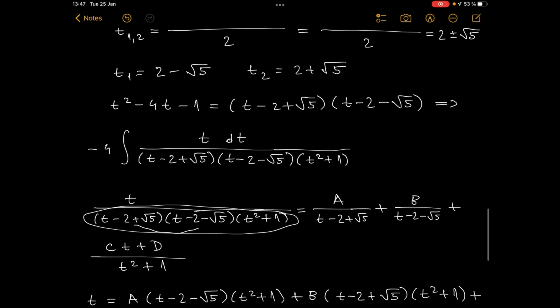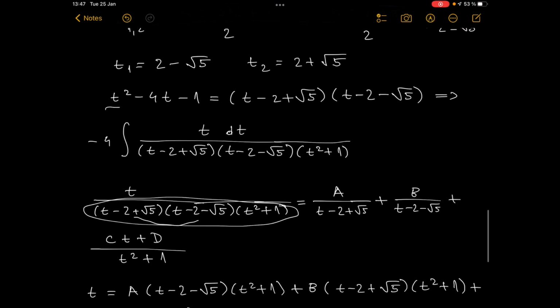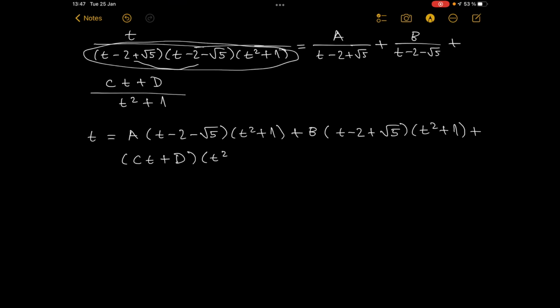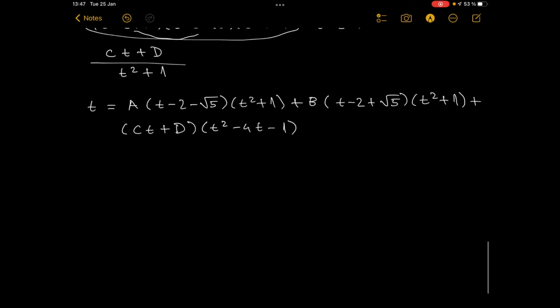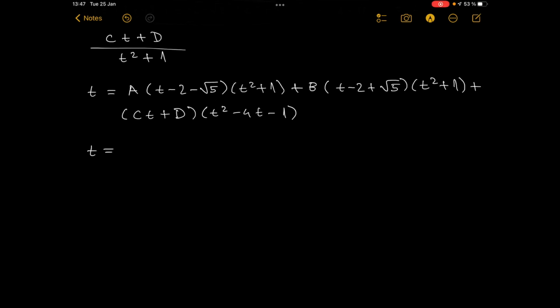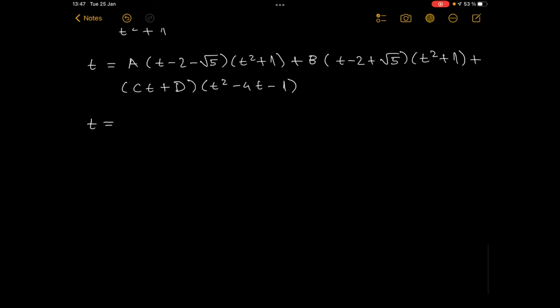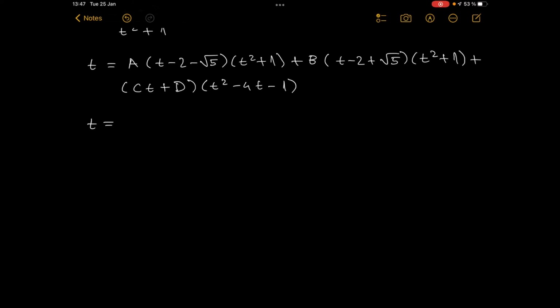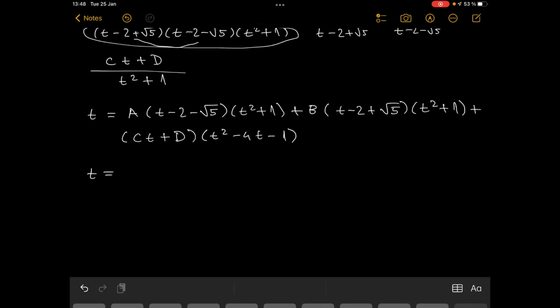But remember that we can just rewrite them as this, t squared minus 4t minus 1. Now I'm going to multiply all of this, and to make it less time consuming, I'm just going to skip a couple of steps and do it in my head.